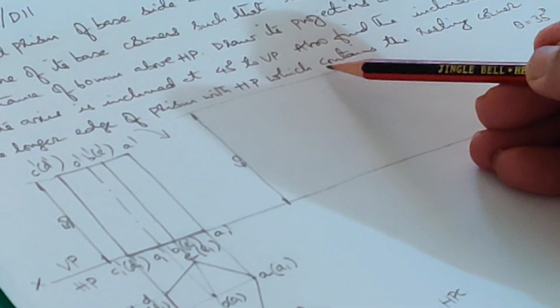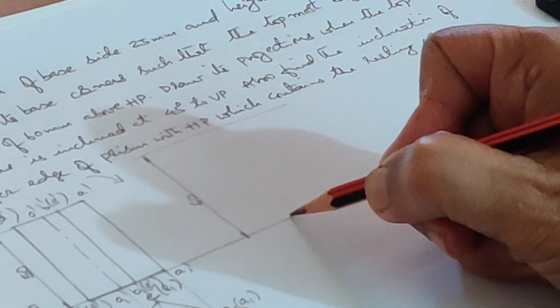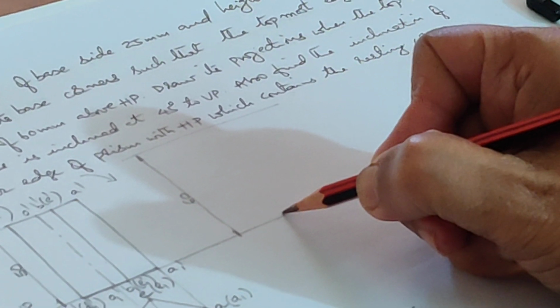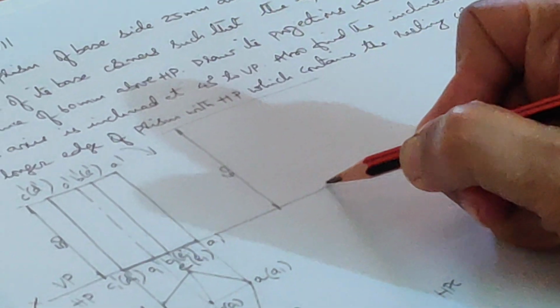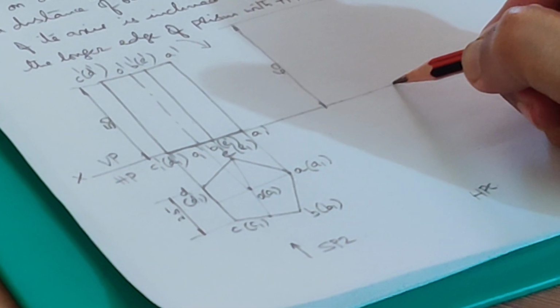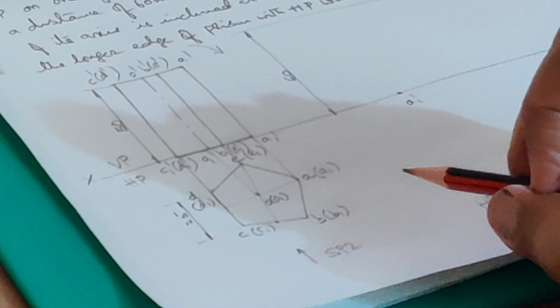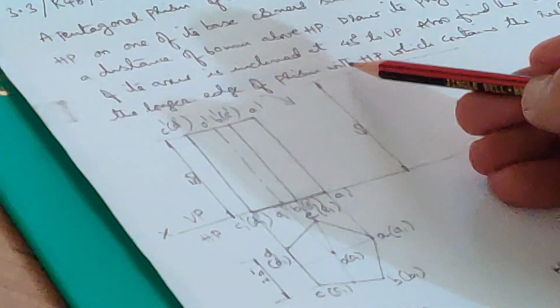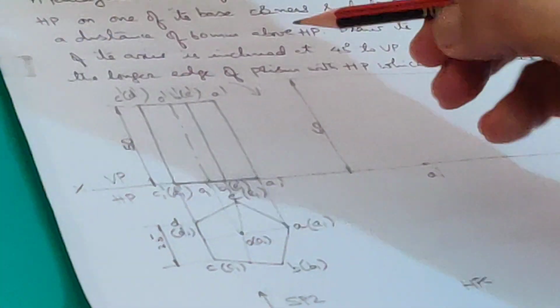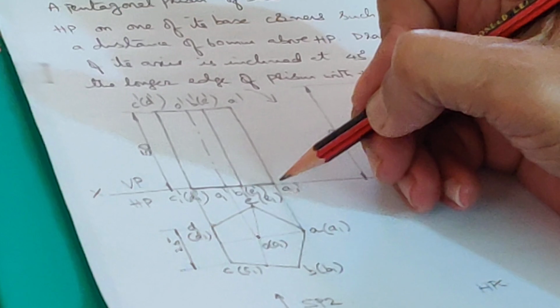Now I'll start with this A1 dash on XY. And this should come on this line. So what you do now, take A1 dash as center and this length as radius.